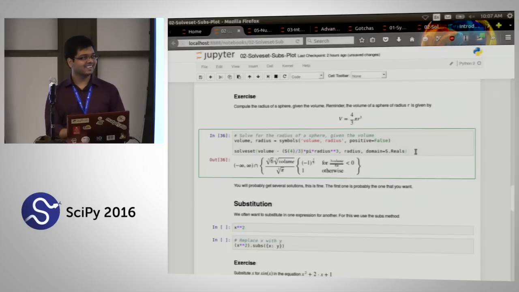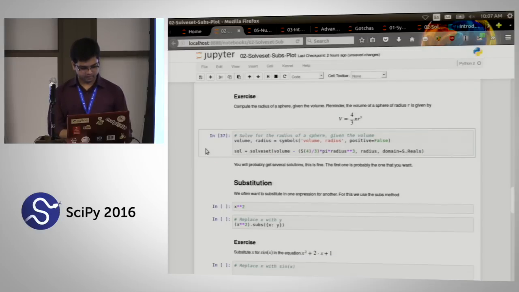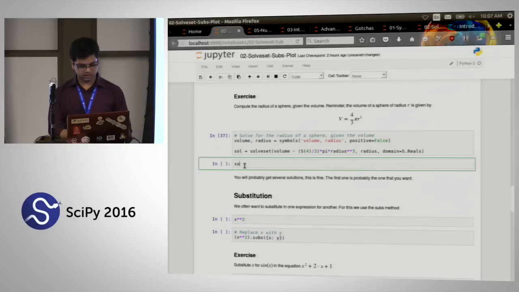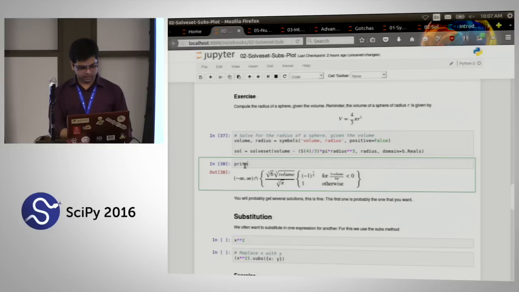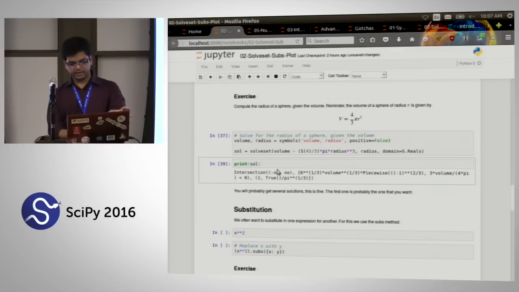Yeah, it is kind of difficult. Let's print it. It's an intersection object, so you have to get the second element of the intersection.